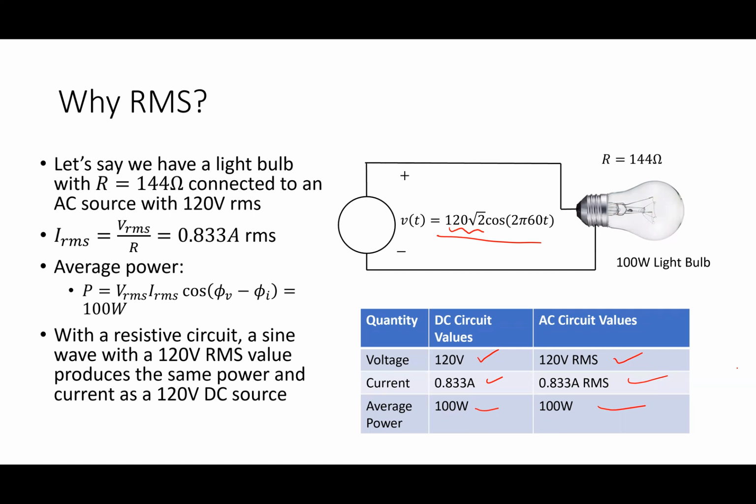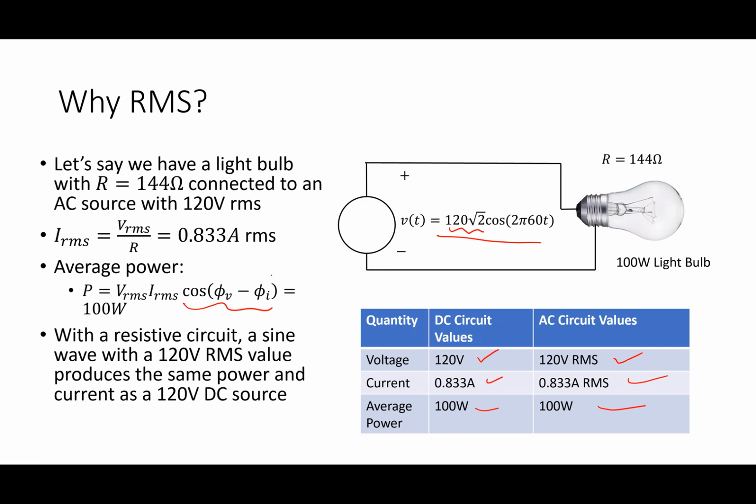And so we use the RMS number because if we were only talking about resistors, everything is the same. Once you start talking about a situation where I have some phase shift between the current and the voltage, then this cosine guy comes into play, which we'll give a special name to.